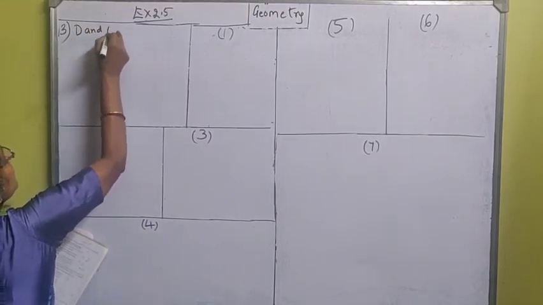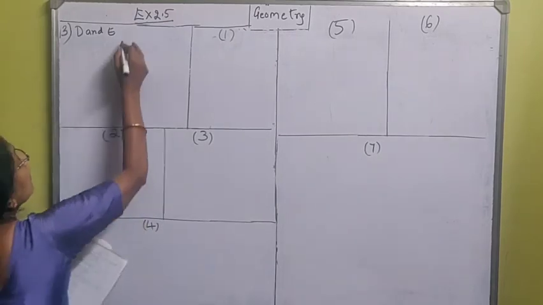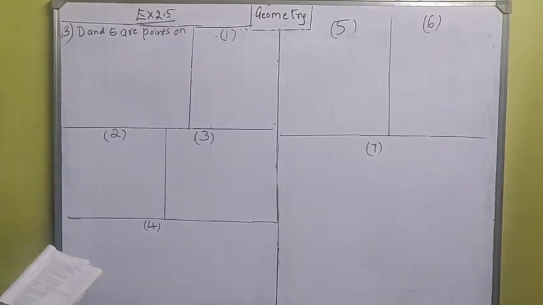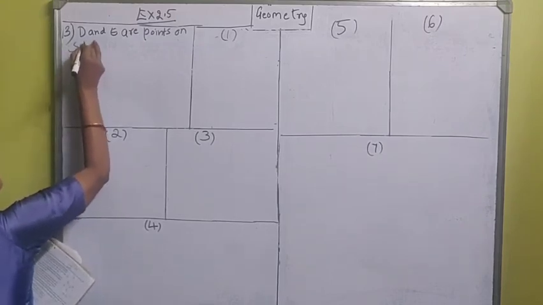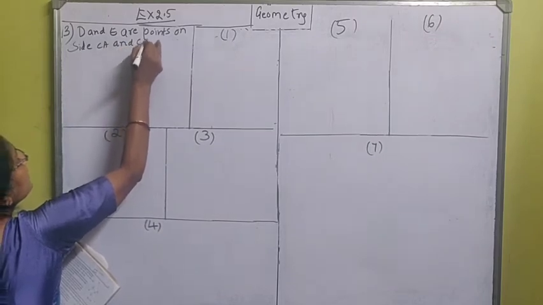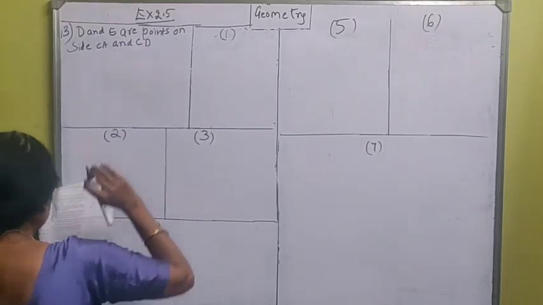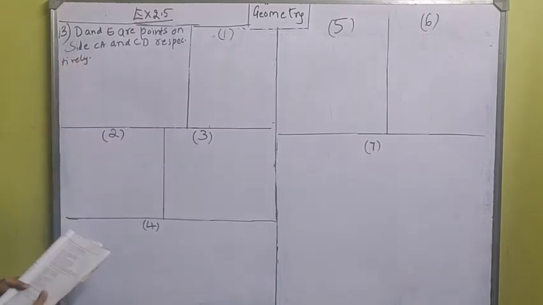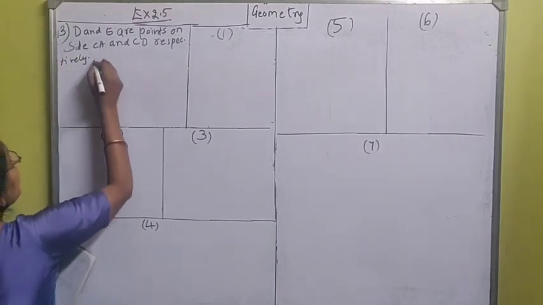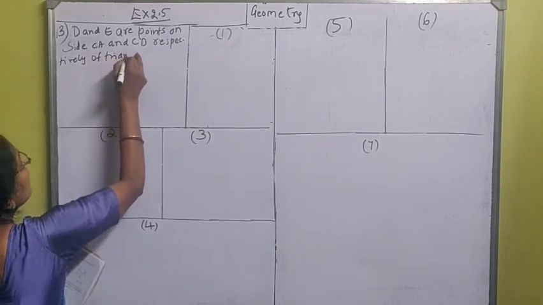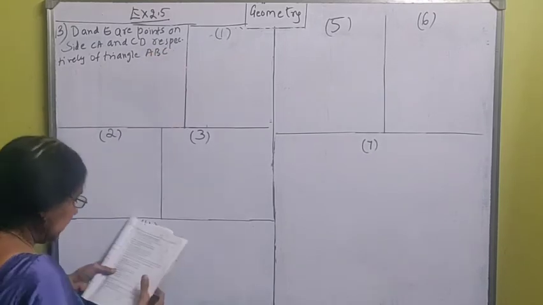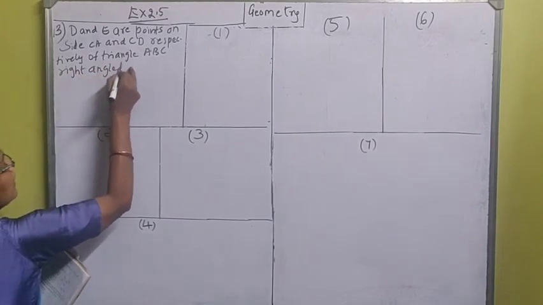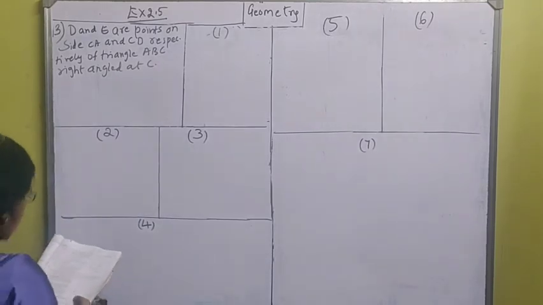D and E are points on sides CA and CB respectively of triangle ABC, right angled at C. Prove that.